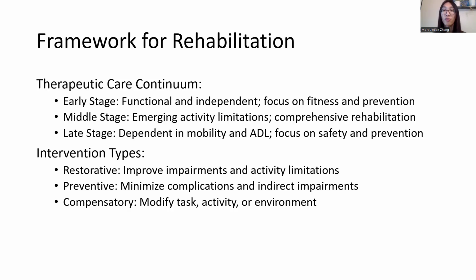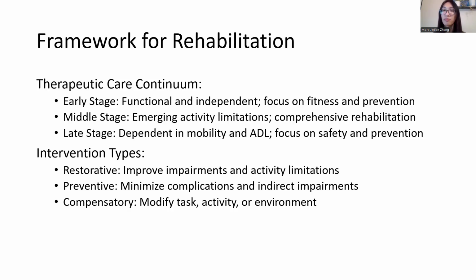With exercise training programs proving effective for improving motor performance and quality of life. In the late stage, patients become more dependent in mobility and activities of daily living. So, at this later stage, our focus shifts to safety, prevention of complications, and supporting both patient and family.